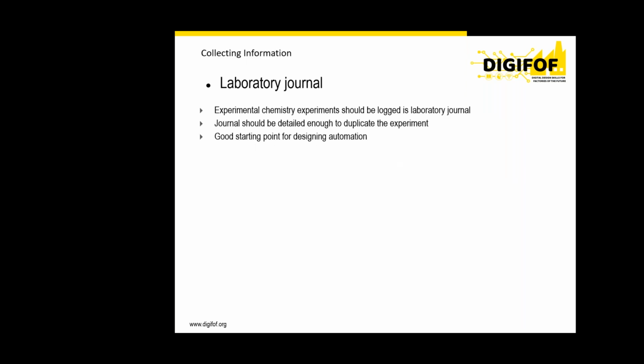Normally, when following experimental chemistry procedures, everything should be logged in the laboratory journal. The journal should be detailed enough to duplicate the experiment. So we thought that's a good starting point for deciding the automation.